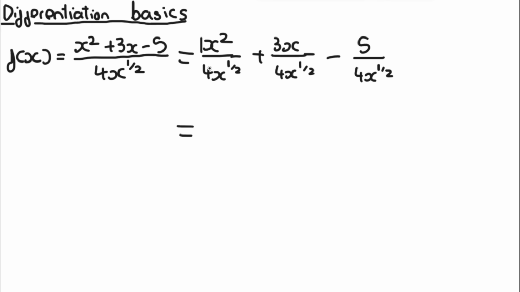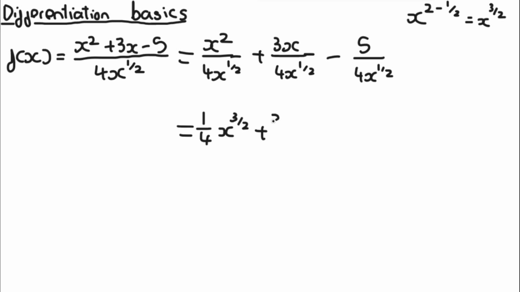So this is actually a 1, so therefore it's going to be 1 over 4. Remember how the index law works: when you have a power divided by a power, you subtract the two powers. So this is going to be x to the 2 minus a half, which is x to the power of 3 over 2. So 1 over 4 x to the power of 3 over 2.